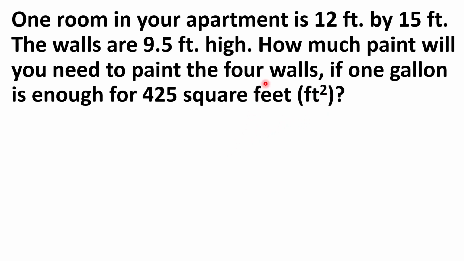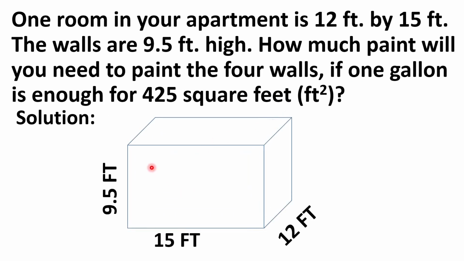So let's start the solution. It's given the dimension 12 feet by 15 feet. So it means that we have this room. Let's say the length of the room is 15 feet and the width is 12 feet.